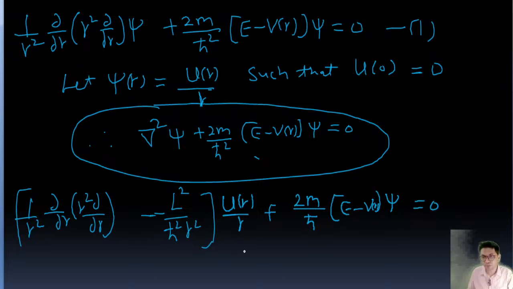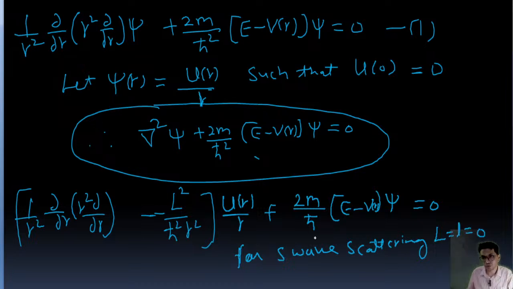Now for S wave only, we are just considering S wave scattering, so this value is going to be 0. L is going to be 0; for S wave, small l equal to 0.